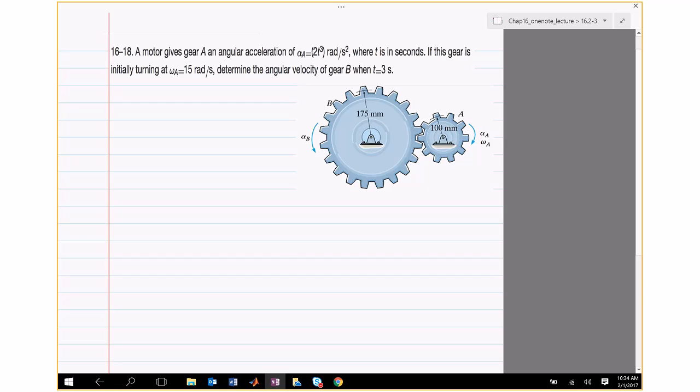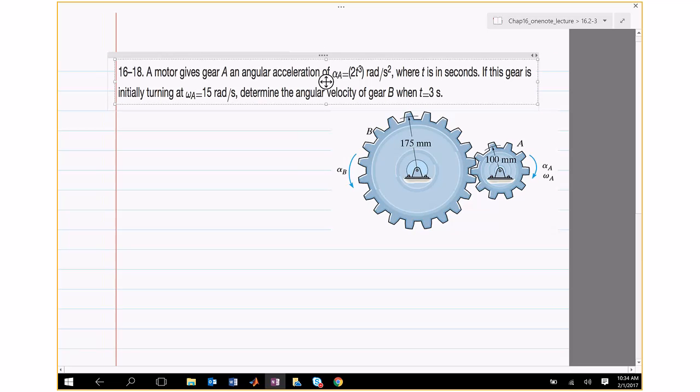Okay, so this question is, a motor gives gear A an acceleration of alpha A equals 2t cube, where t is in seconds.